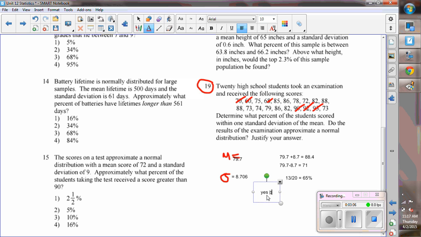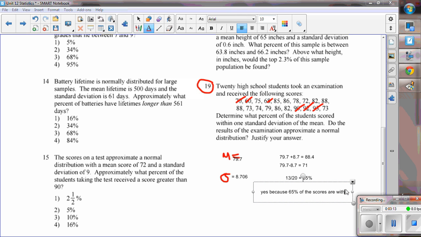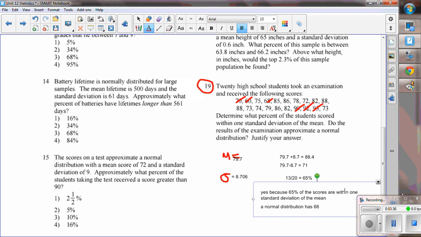And we could say yes, because 65% of the scores are within 1 standard deviation of the mean, and in the other case, a normal distribution has 68.4% of the scores within 1 standard deviation. So we are approximately normal.